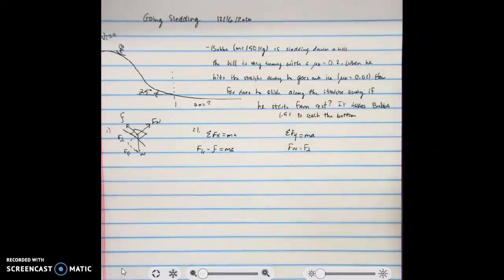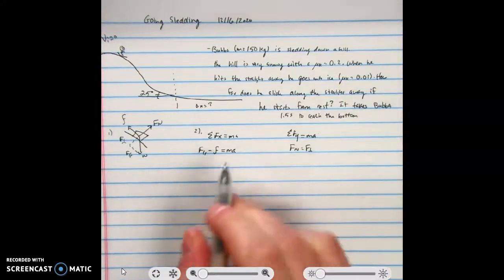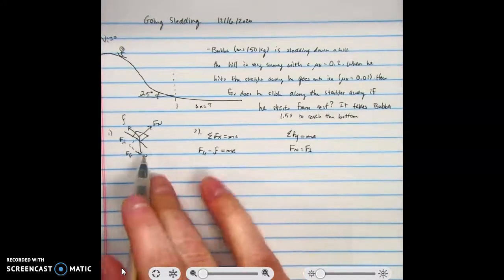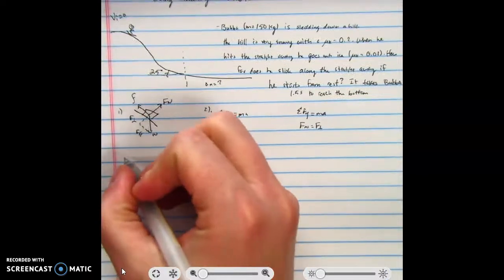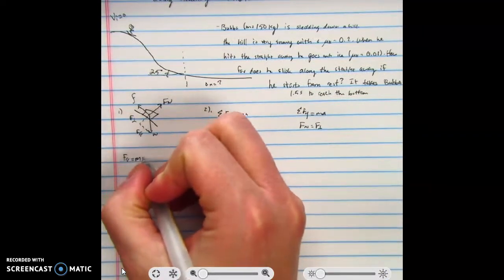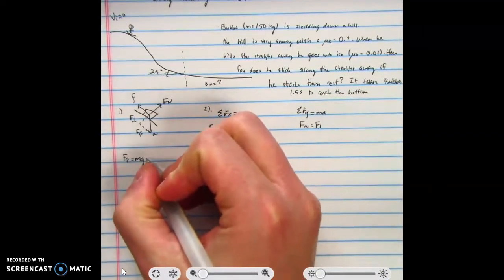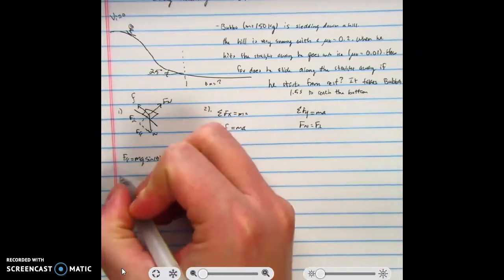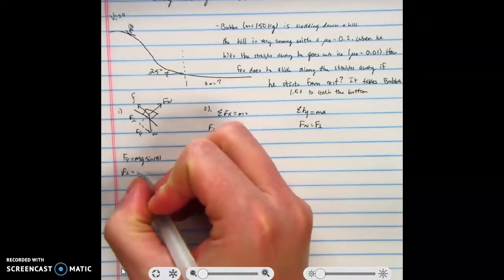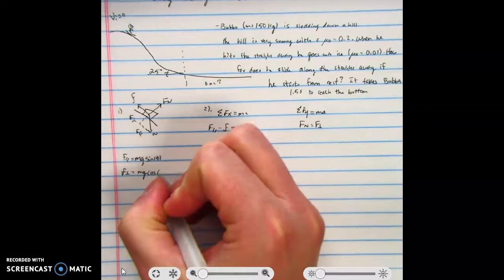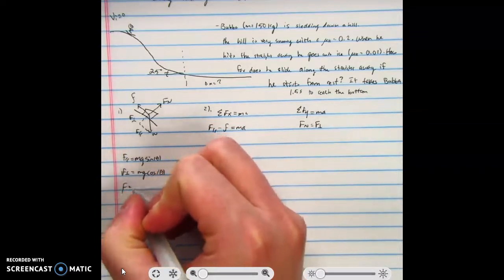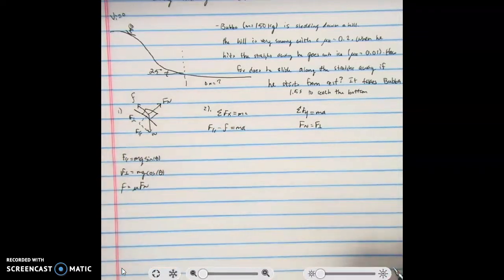That is necessary. Anyway, we've got to find this acceleration. So we're going to use our force parallel equation, mg sine theta, our force perpendicular equation, mg cosine theta, and our friction equation, mu times fn.